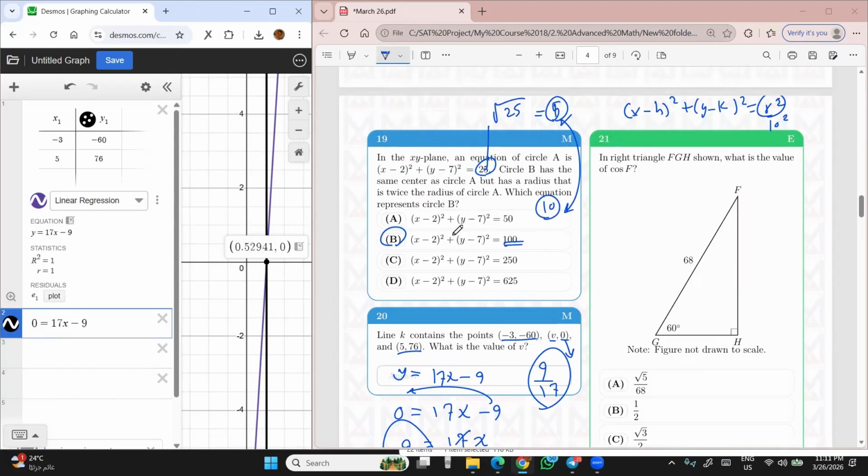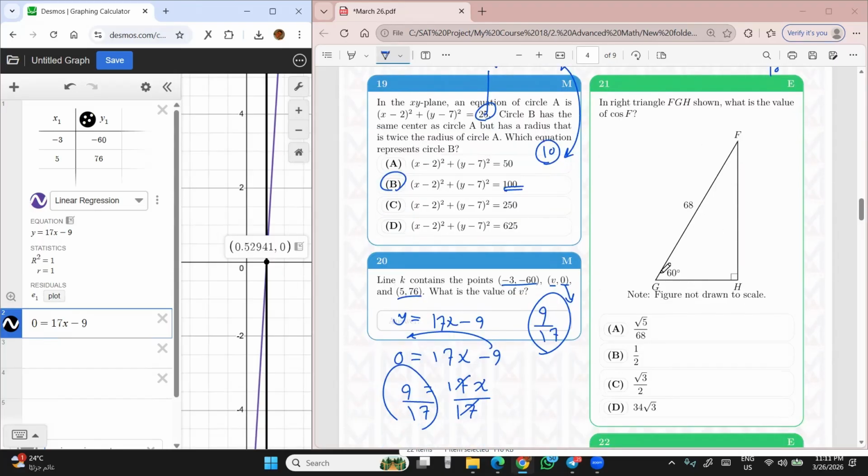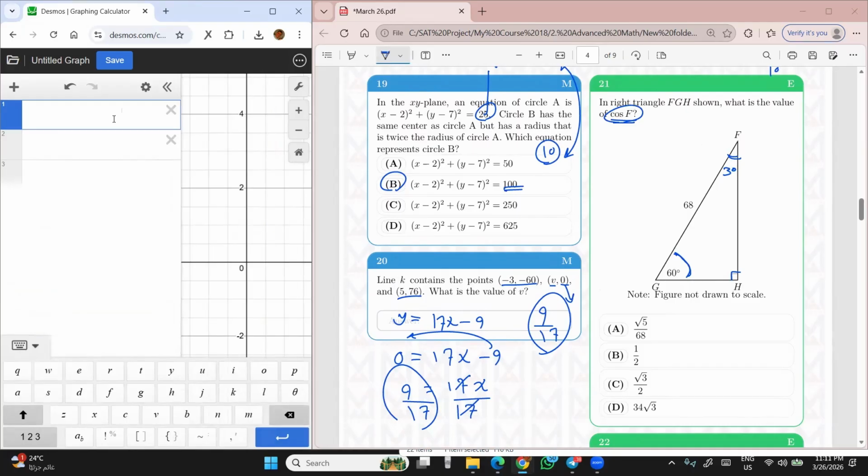Question number 21. We have this right triangle, and the angle here is 60. This is an easy one because the question asks what is the value of cosine f. Too many ways to answer this question, but the easiest way is, if you know that this is a 90-degree angle, this is 60, so this is 30. The angle here is equal to 30. What is cosine of 30? We just get cosine of 30 by the calculator without mentioning any of the sides.